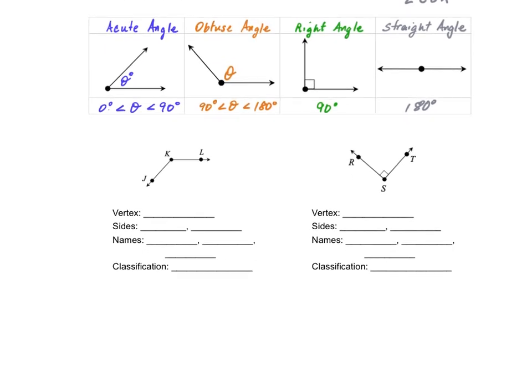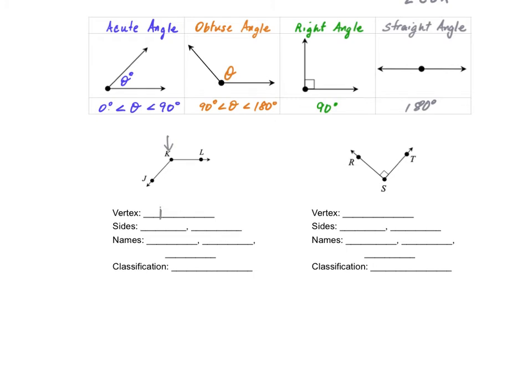As we talk about these, we're going to talk about the vertex, the sides, the names, and the classifications. I'll begin by looking at this center point, the common point of both my sides, which makes it the vertex. The vertex is the point that both sides have in common, where my sides come together.